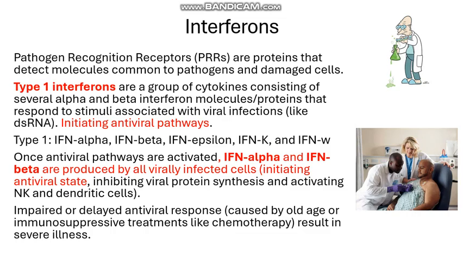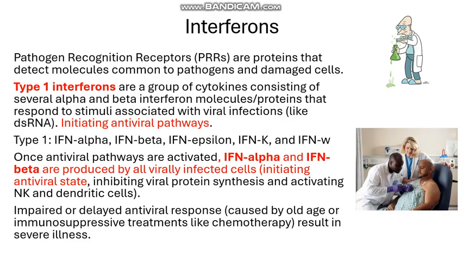Once antiviral pathways are activated, the main two type 1 interferons that are produced are interferon alpha and interferon beta, and they're produced by all virally infected cells, and they initiate the antiviral state. This antiviral state inhibits viral protein synthesis, so viral proteins can't be translated to perpetuate the viral infection.